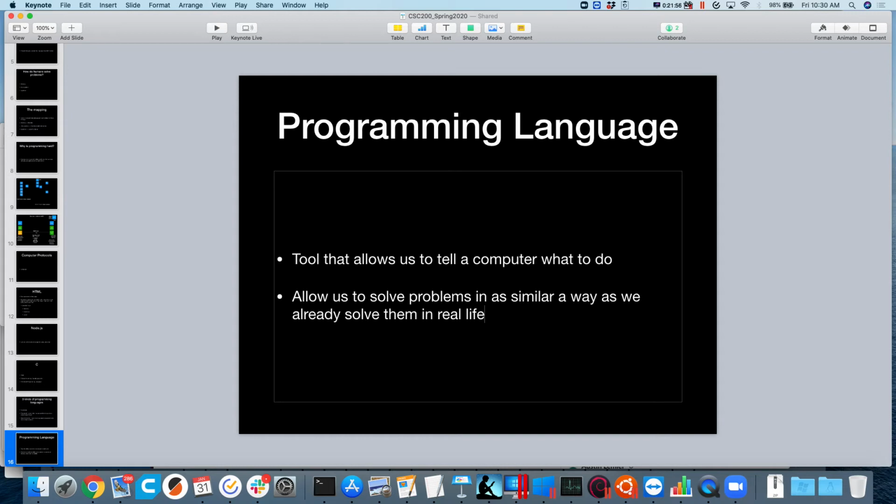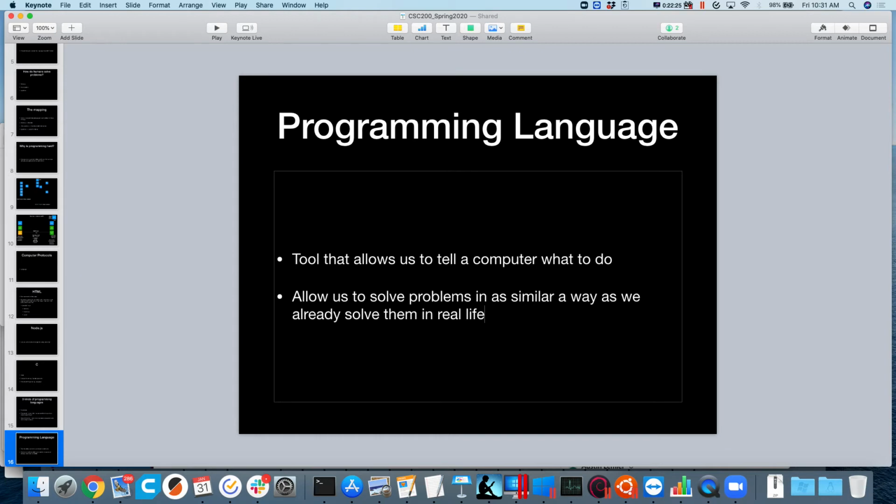We talked earlier this week about how what makes programming difficult is that we're so good at solving problems that we can't articulate how we solve them. So we don't want to have to get stretched too far away from our comfort zone. I've already said that programming is going to be difficult because we're going to have to slow our mind down and think about those little tiny baby steps. But we don't want to go too far away from the way we already think about things.